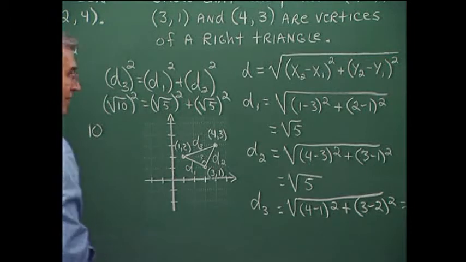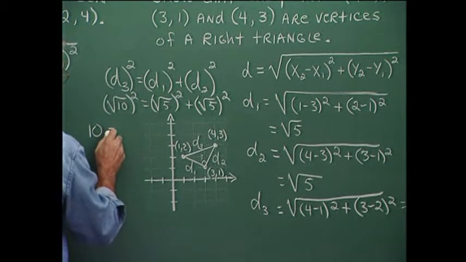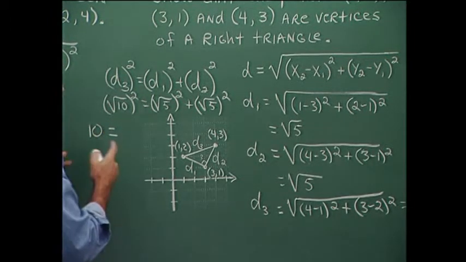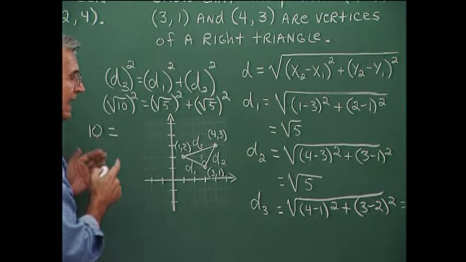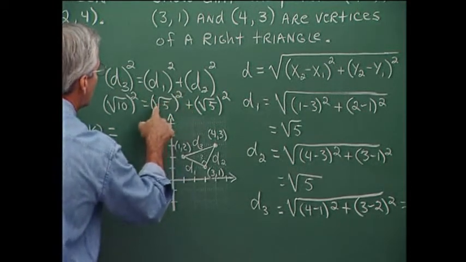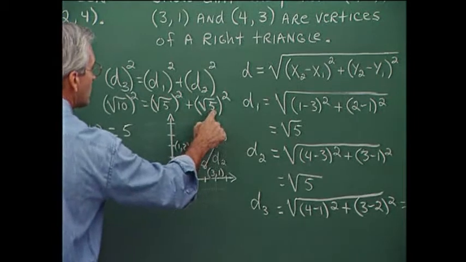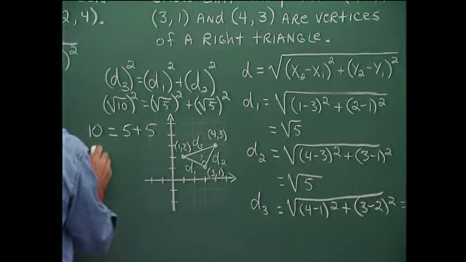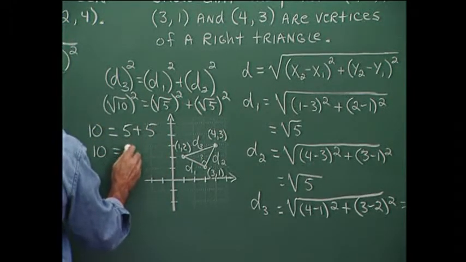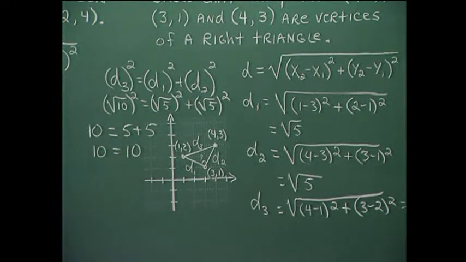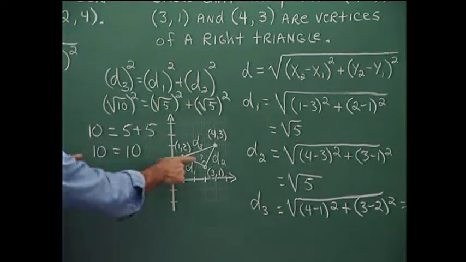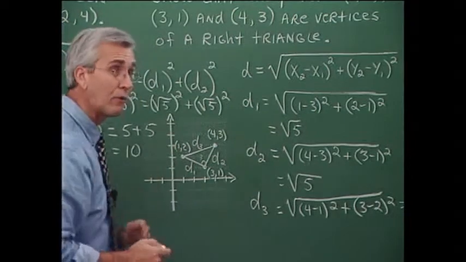We'll study more about that in another chapter, but for now, we'll just assume that that's true. And you've probably had that before, I'm sure. Squaring the square root of 5, we get 5. So 10 is equal to 5 plus 5. So this relationship is true, and therefore this is indeed a right triangle.